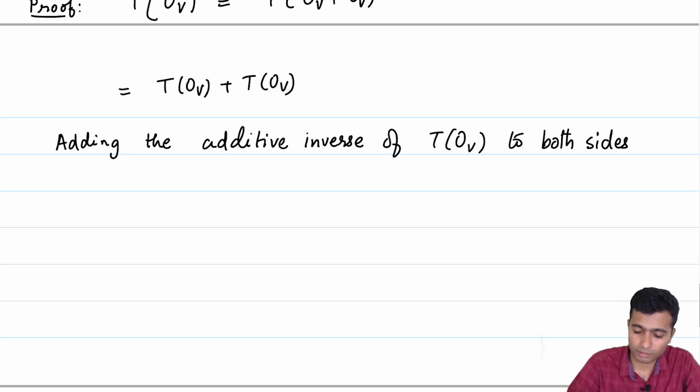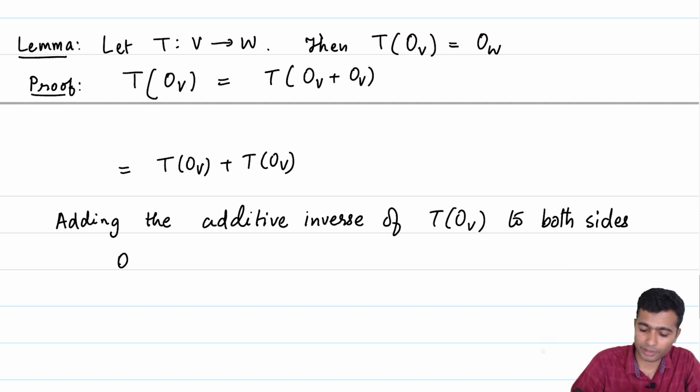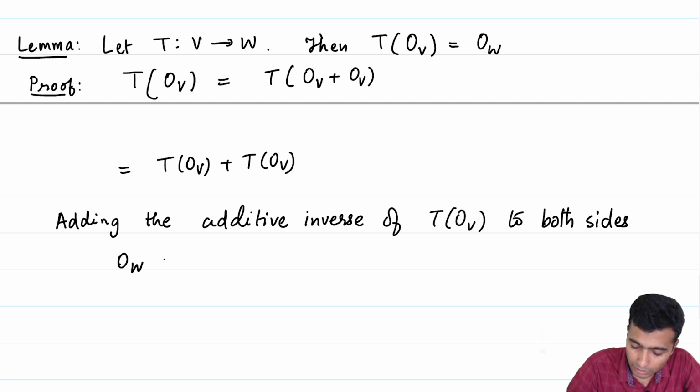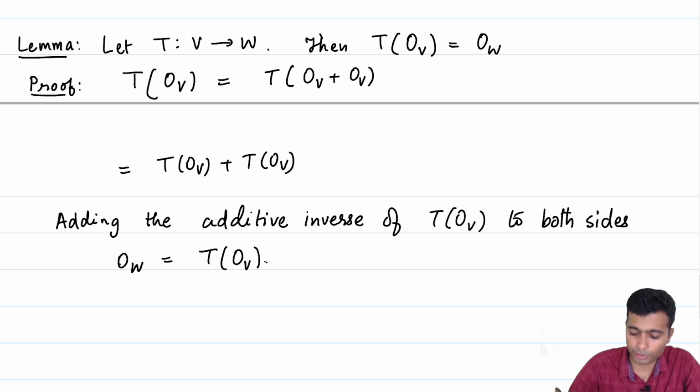We have 0 of W, because the left hand side has only a T of 0V. If you add it to the additive inverse of T of 0V in W, we get the additive identity of W, which is the 0W. That is equal to, I will leave it for you to check, 0W plus T of 0V, which is equal to T of 0V, and that completes the proof.